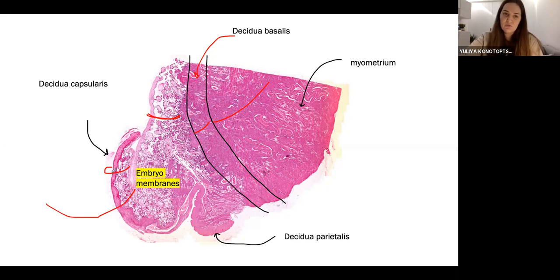And this is actually decidua capsularis. So this particular area is the decidua capsularis, not the entire thing, just this part. That's the endometrium here. If this is the decidua capsularis, what is this one? Cotyledon.